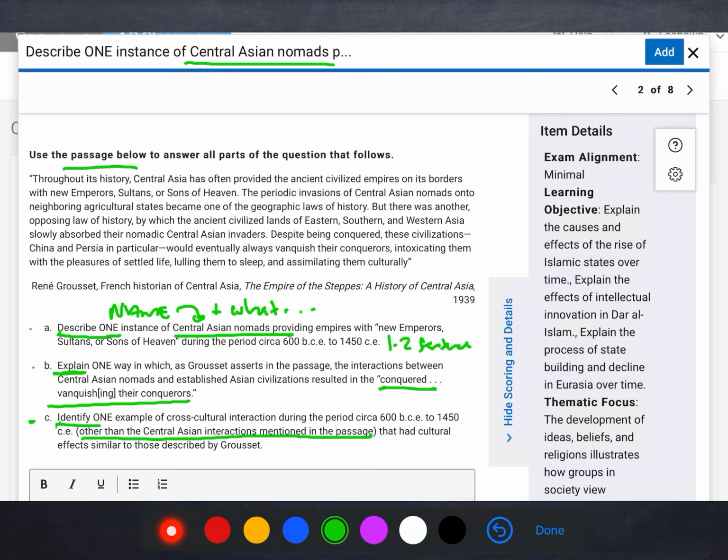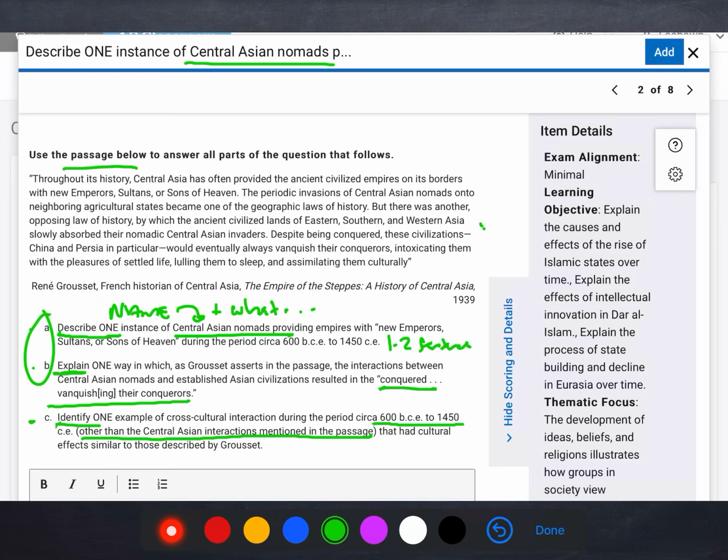So I'm looking for other groups of people that existed between 600 BCE and 1450, other groups that we're talking about here that had a cultural effect similar to those described in the passage. They want to make sure that you know what the passage is saying. What's the cultural effect that's happening here? A and B are clues to that one. And then who else outside of Central Asia had similar effects?